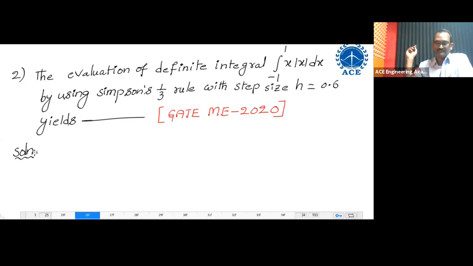The h value is given. So h is equal to (b minus a) by n. So how many subintervals do we need to split? b means upper limit of the integral, a means lower limit of the integral.